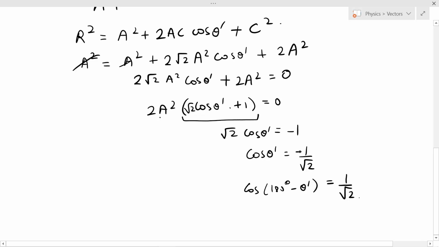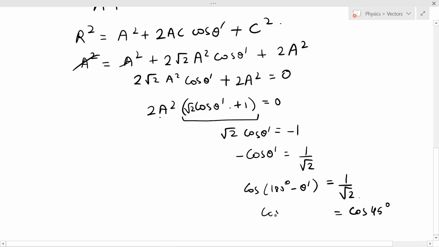So minus cos theta dash is equal to 1 over square root of 2. So what is cos 45? Cos 45 is 1 by root 2. So this becomes cos of 45.